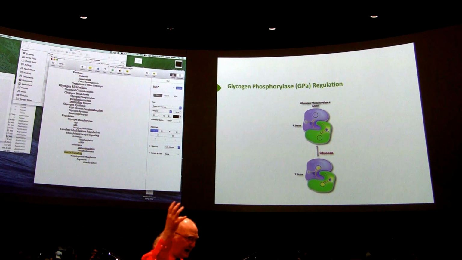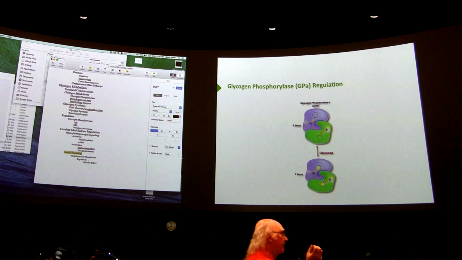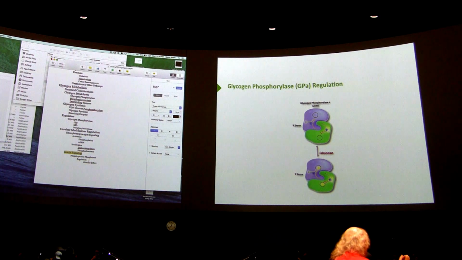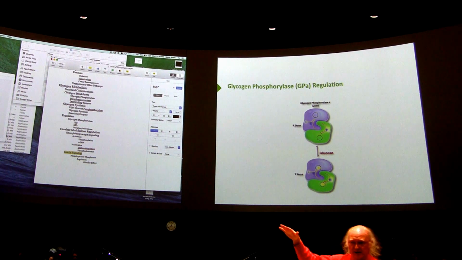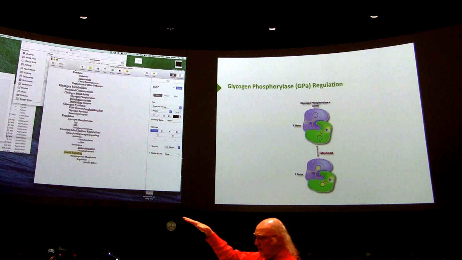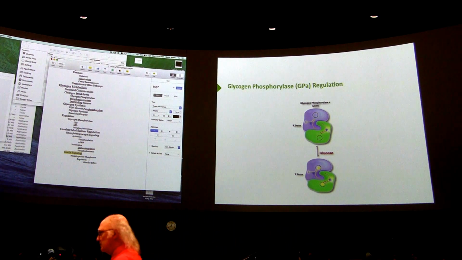When the cell has plenty of glucose, the energy state of the cell will be high. When the energy state of the cell is high, does the liver want to be breaking down glycogen? No, right? So the abundance of glucose indicates to the cell that we've got plenty of energy and the enzyme shuts down. It goes into the T state.